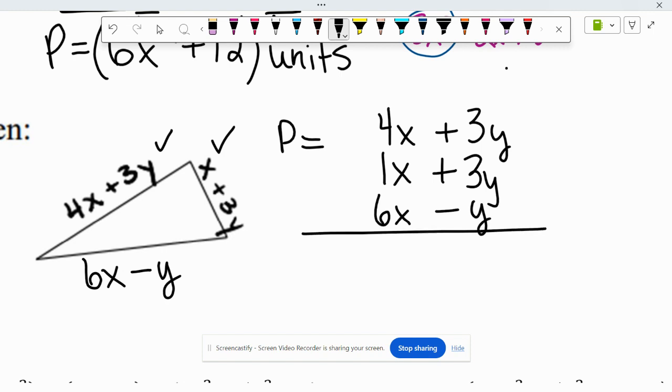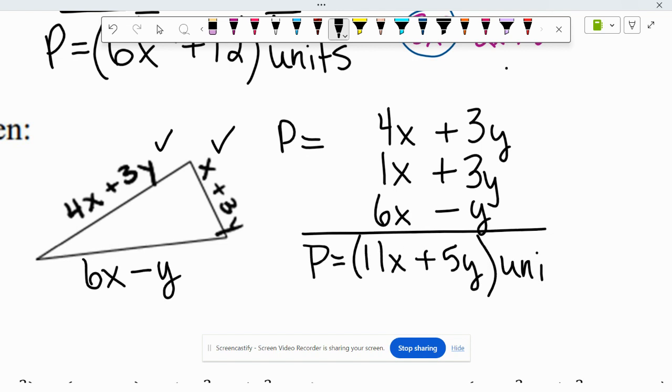So 4 plus 1 plus 6 is 11. I have 11x. 3 plus 3 minus 1 is positive 5y. So my perimeter, capital P, equals, I'm going to put a grouping symbol around these, 11x plus 5y, and then I'm going to write the word units after it. 11x plus 5y units. Okay, because I want to remember to do that.